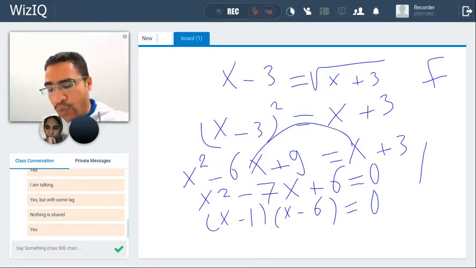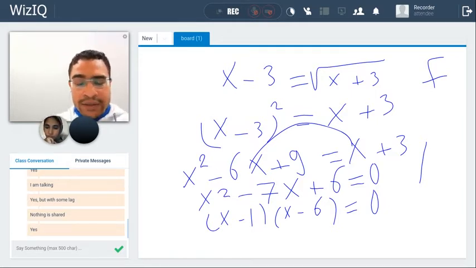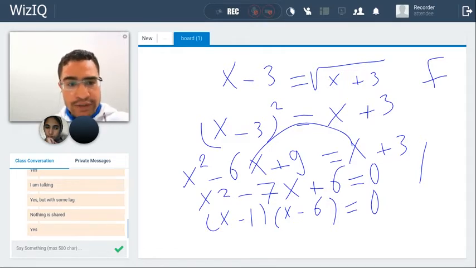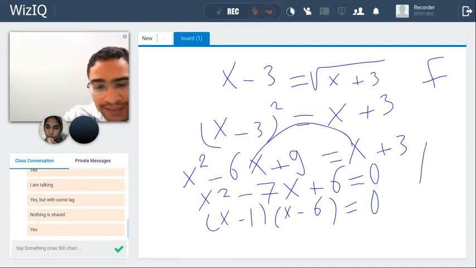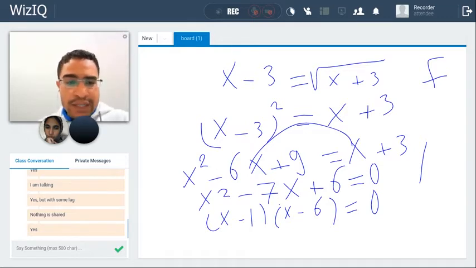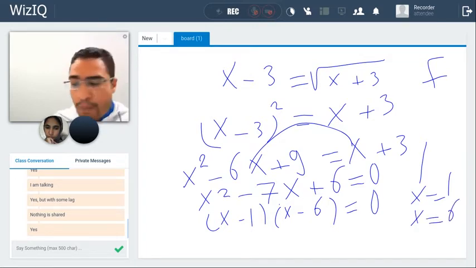But then when we try to solve this equation algebraically, what happens is we generate extraneous solutions. So here is the trick. If you are solving this question algebraically, you would get x minus 1 equals 0, x would be 1, and then x would be 6, right?